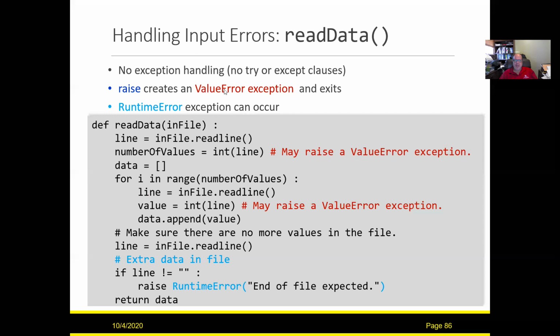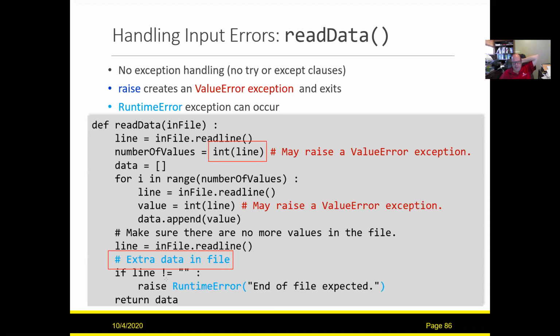So if I have an int and I don't have the integer value, then I can have a value error. I can have that in multiple places. I might have extra data that I have to figure out what to do with.